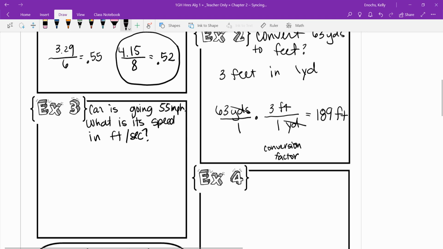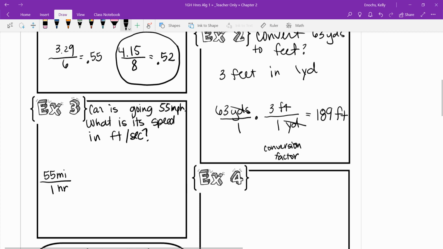You can see that not only are we going to change miles to feet, that's one conversion factor, but I have to change my hours to seconds, and that's going to involve two conversion factors, hours to minutes and then minutes to seconds. So let's start with our original amount, 55 miles and 1 hour. That's a unit rate, so I can put the 1 hour on the bottom.